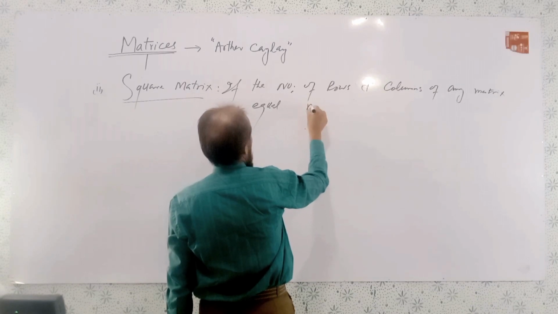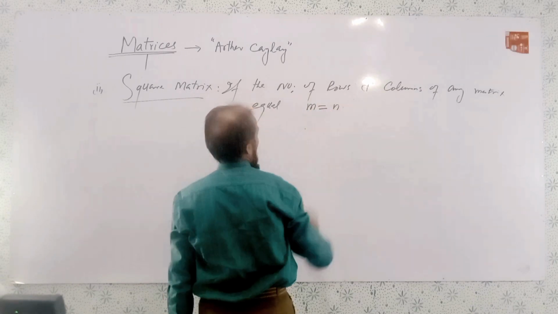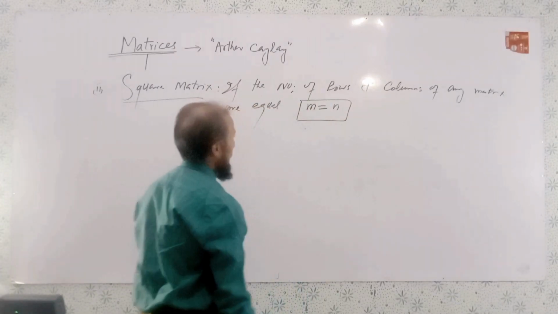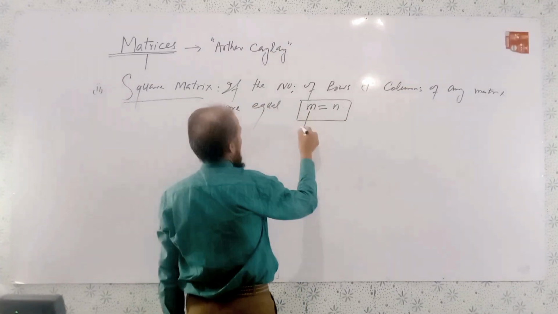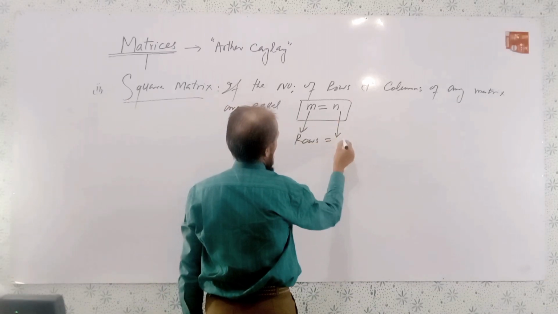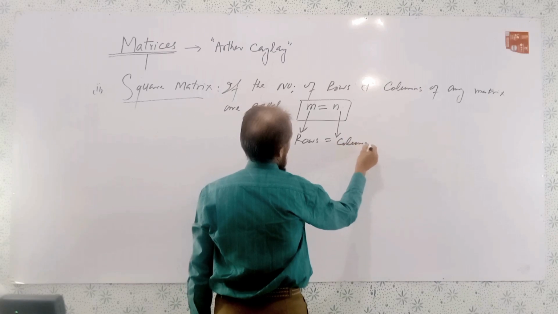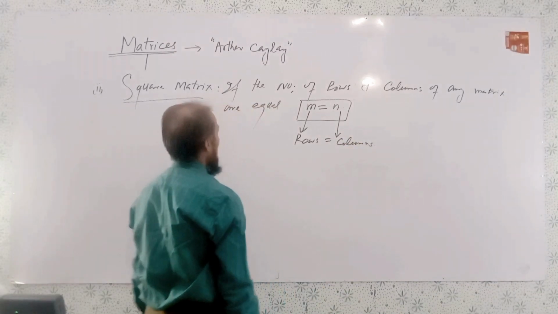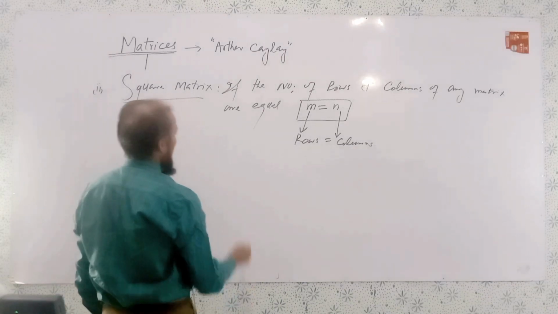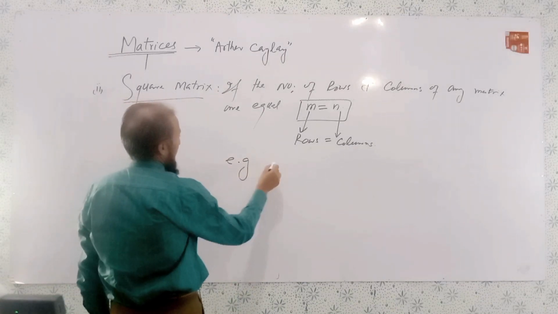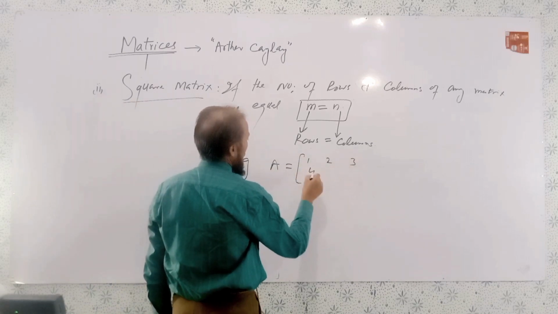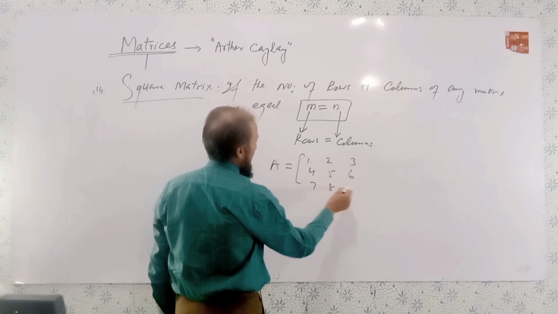In the order formula, m is equal to n, meaning rows are equal to columns. For example, A is equal to 1, 2, 3, 4, 5, 6, 7, 8, 9.